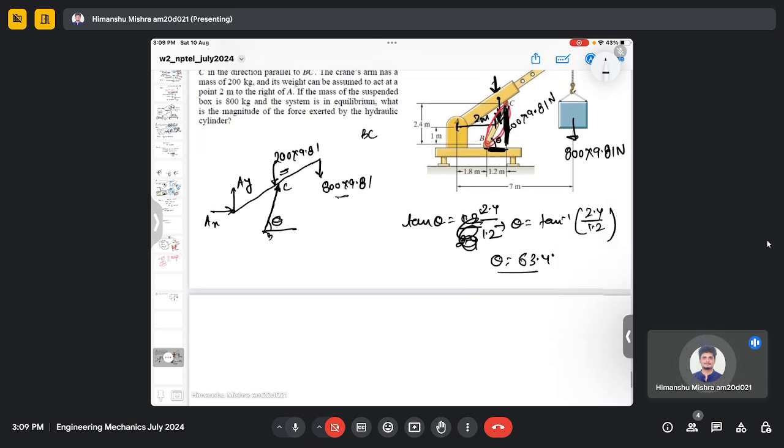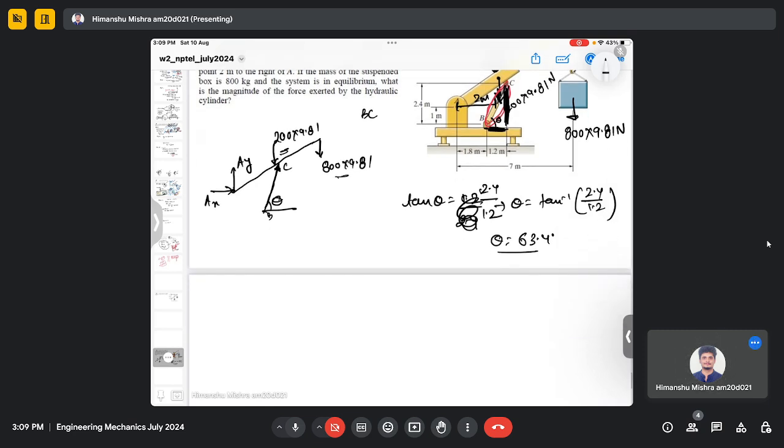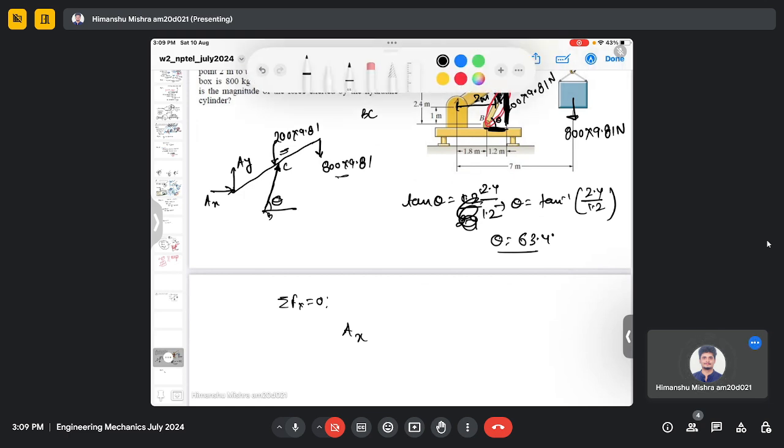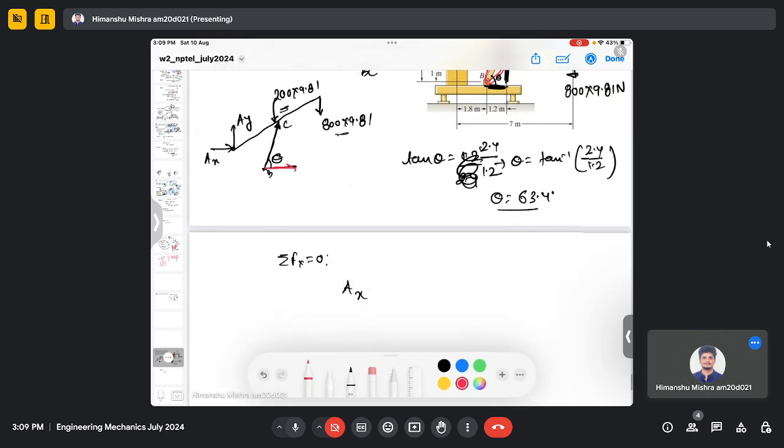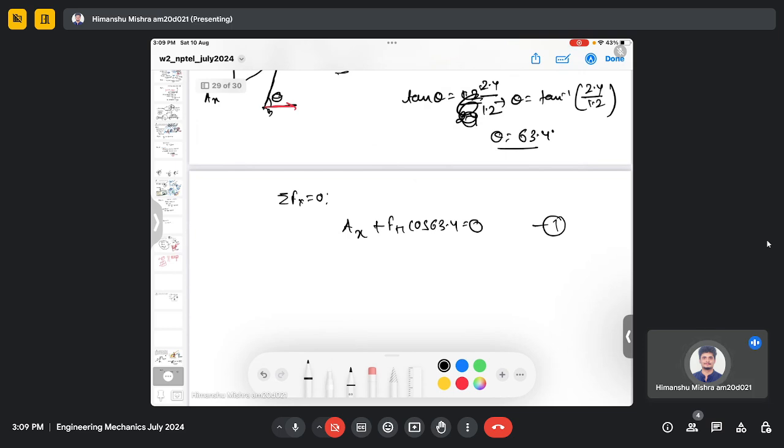Then we will be using equilibrium equations. First, the summation of forces in the x direction will be 0, and there is AX, and then there will be a component of the force which is acting in the x direction, which is Fh cos 63.4 equals 0. This is equation 1. Then we do the summation of forces in the y direction.